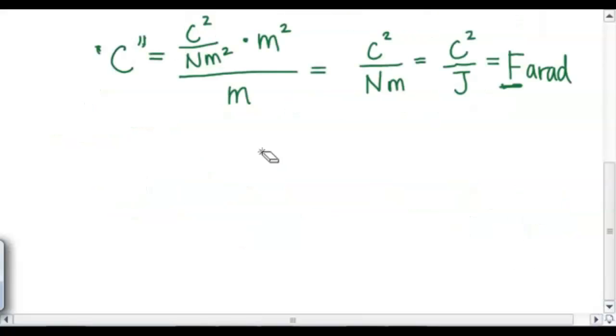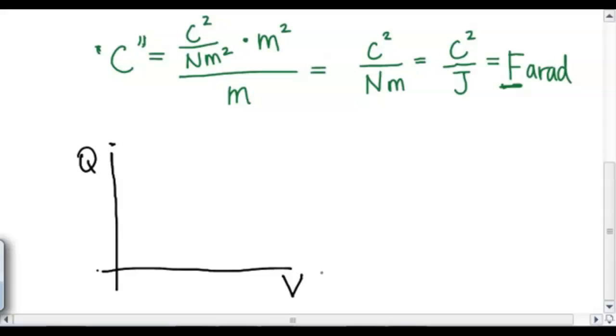Wouldn't that look like Q, which is what we were measuring, versus V? And Q would be coulombs, and voltage is joules per coulomb, or just volts if you want to. Does that seem like a reasonable equation? As the voltage increased, the charge increased?